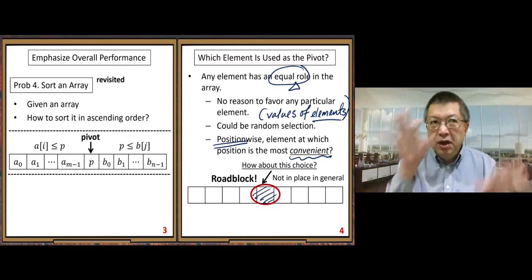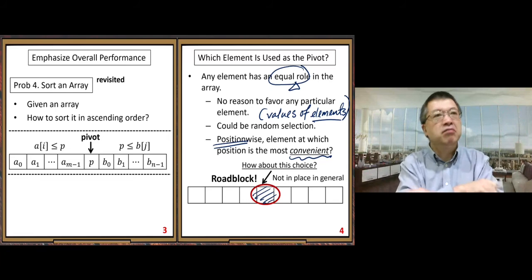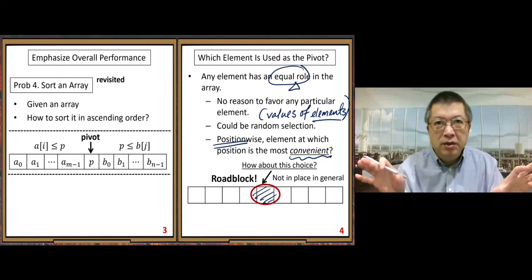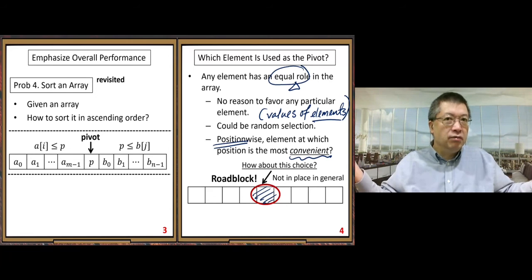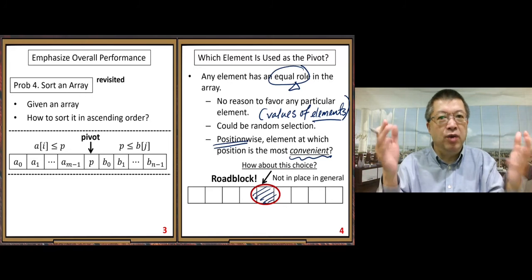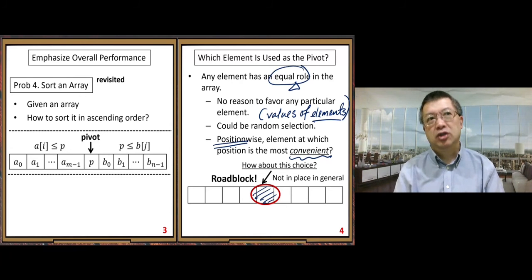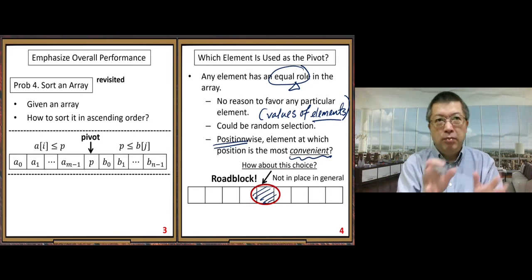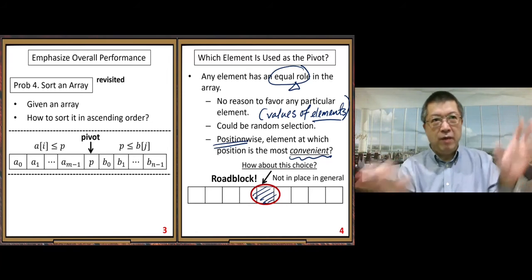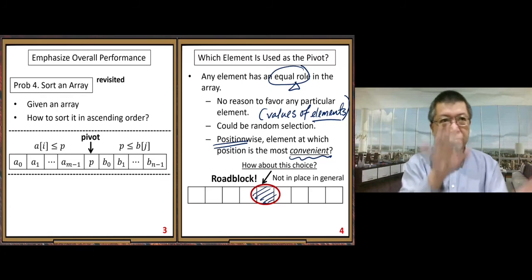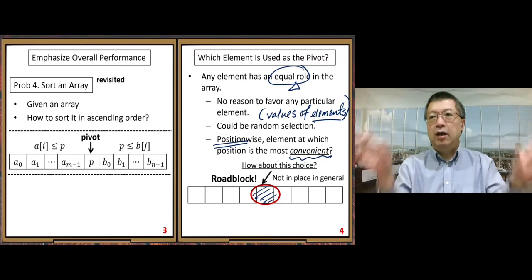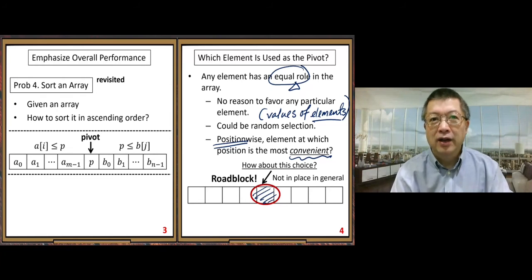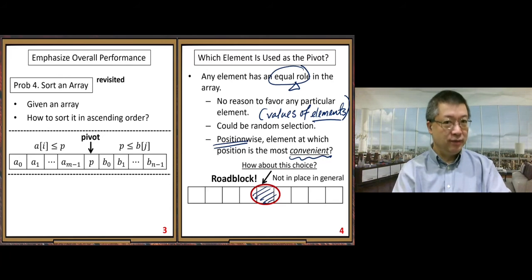You have to do a lot of comparison, a lot of arrangement. It's not convenient. So that's why I call it a roadblock. Something right in the middle blocks the flow from left to right, from right to left. Roadblock, it's not convenient.